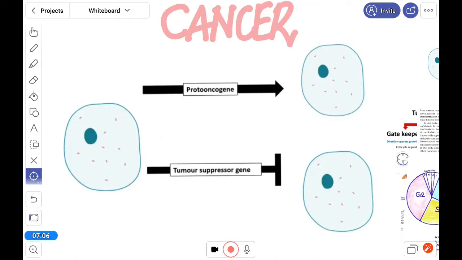Now, a very big question: what are the causes of cancer, how does any cell or individual get affected by cancer?